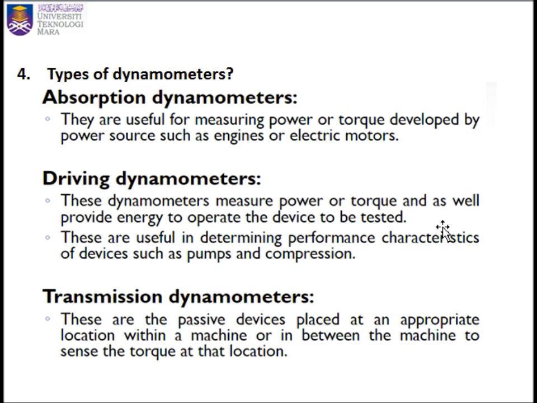These are useful in determining performance characteristics of devices such as pumps and compressors. And next is the transmission dynamometer. They are passive devices placed at an appropriate location within the machine or in between machines to sense the torque at that location.